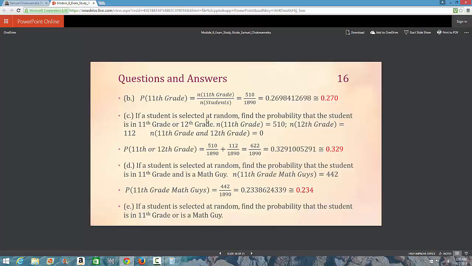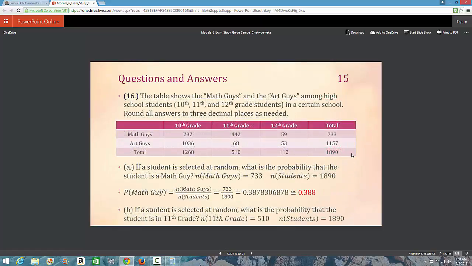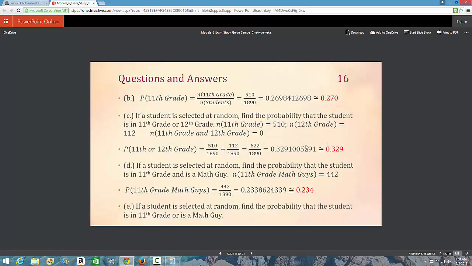C, if a student is selected at random, find the probability that the student is in 11th grade or 12th grade. So we are looking at 11th grade is 510, 12th grade is 112. If you add both of them, 510 plus 112, it gives you 622.